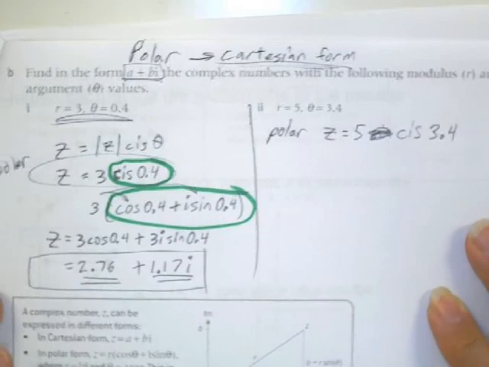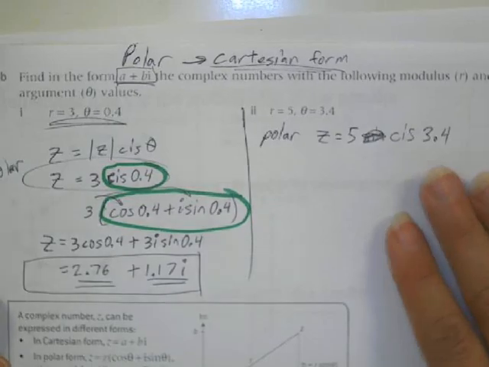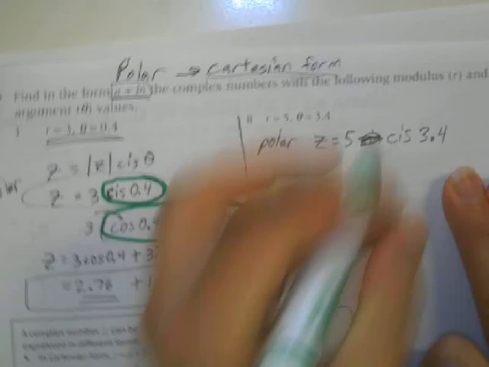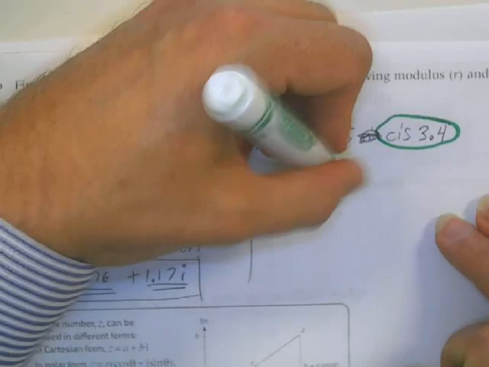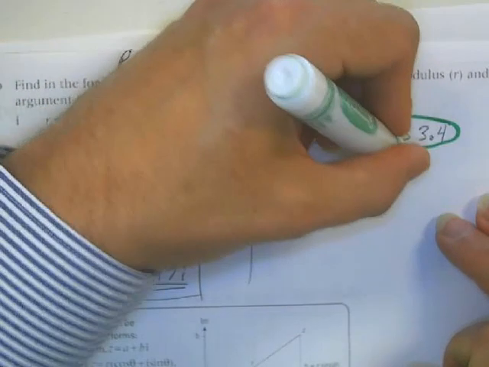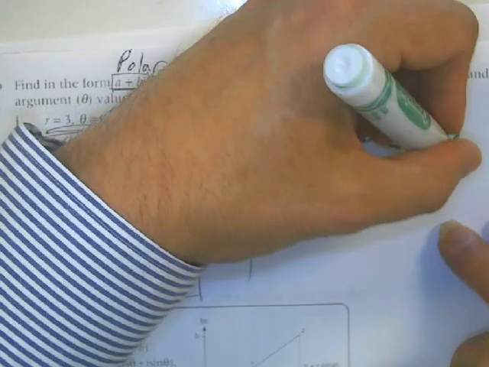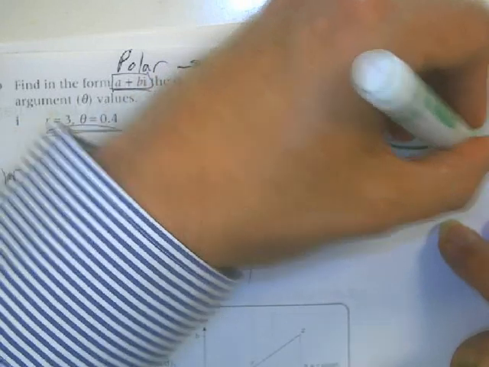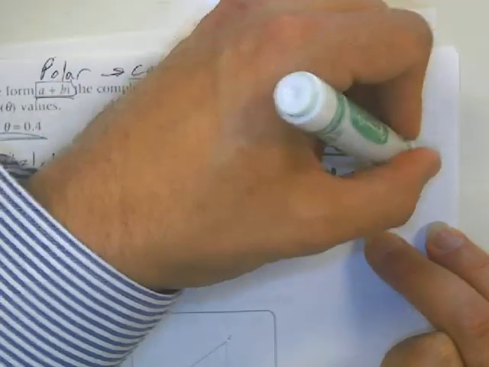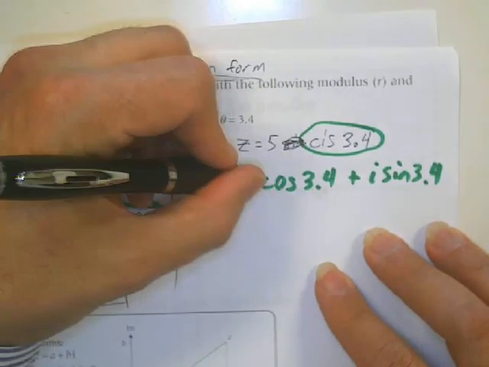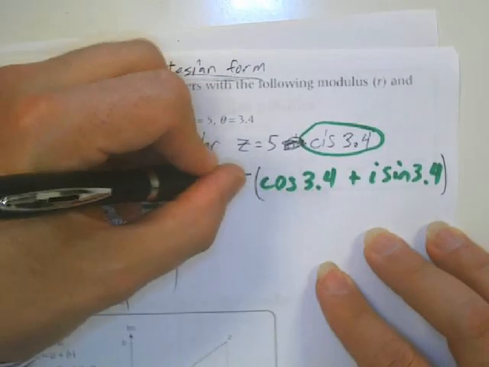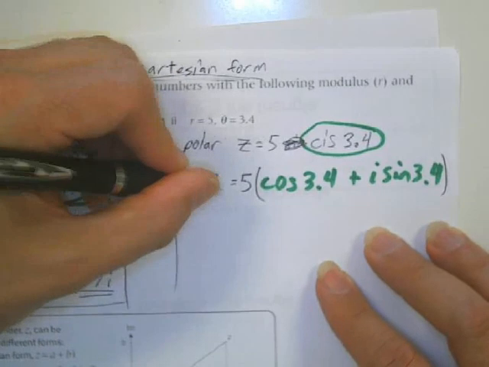Okay, so we know that cis, we can write this as cosine 3.4 plus I sine 3.4. Okay, and once again we have our modulus of 5.